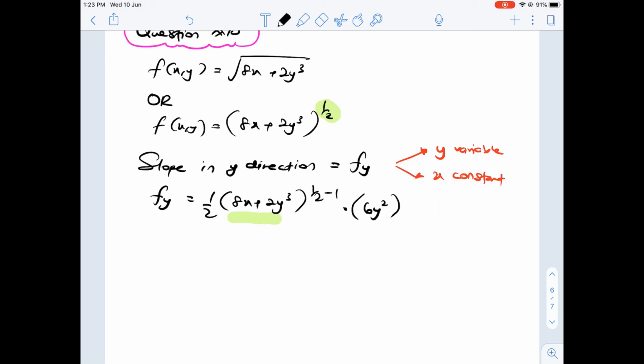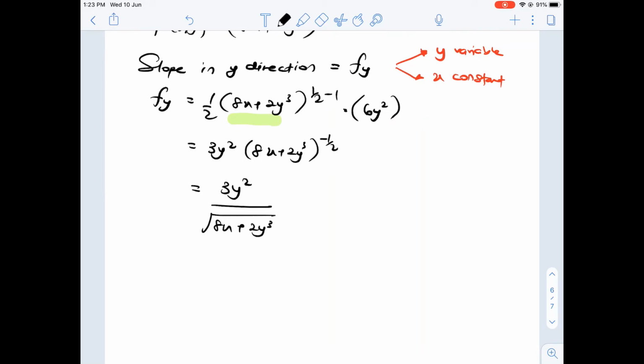So 6 times half, we get 3y squared, and then 8x plus 2y cubed to the power of negative half, or you can rewrite this as 3y squared over the square root of 8x plus 2y cubed.